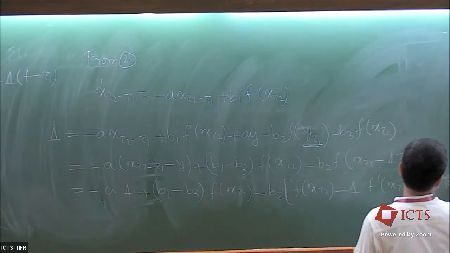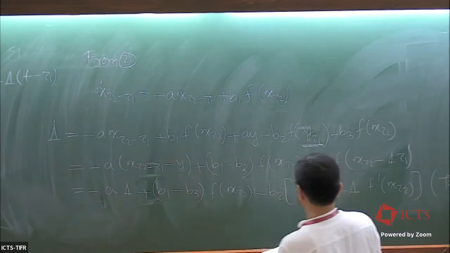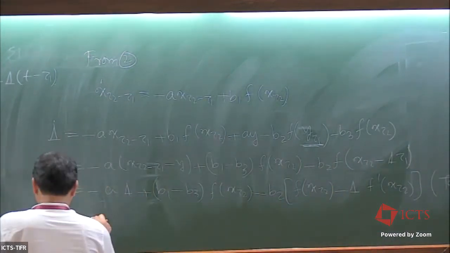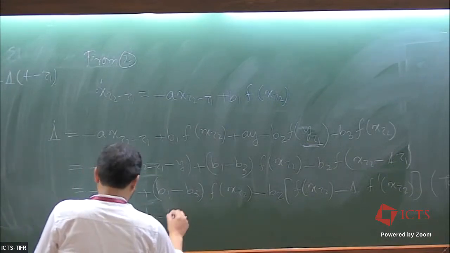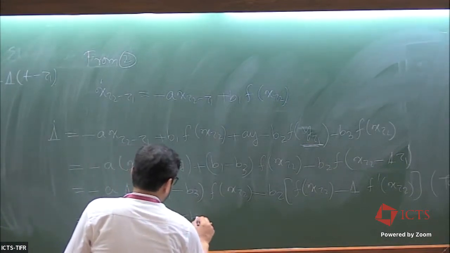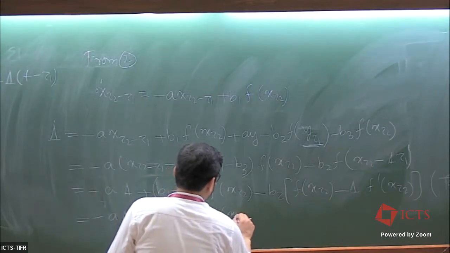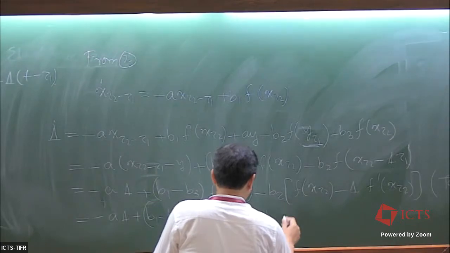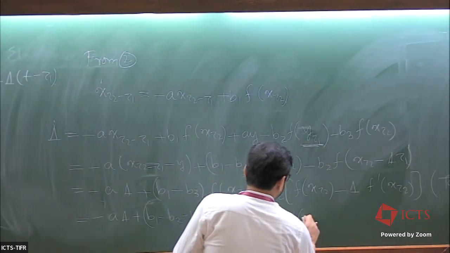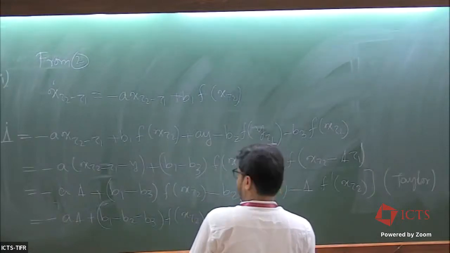Here the Taylor series is applied. So finally you can get minus a delta plus b1 minus b2 minus b3 into f of x tau 2 plus b2 f prime x tau 2 delta tau 1.